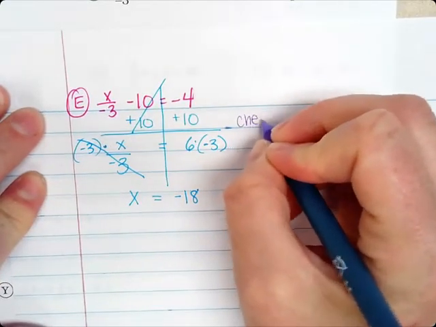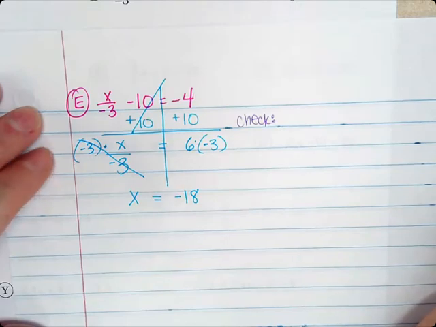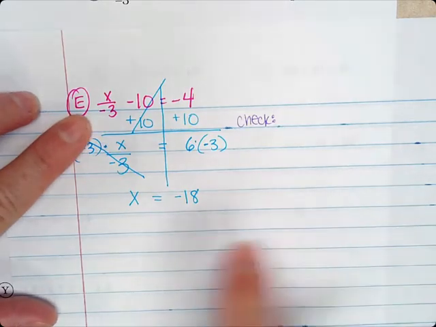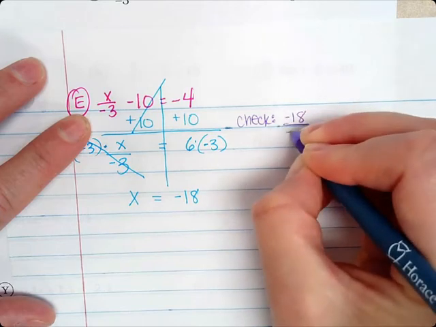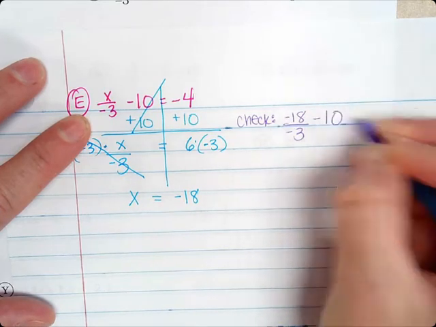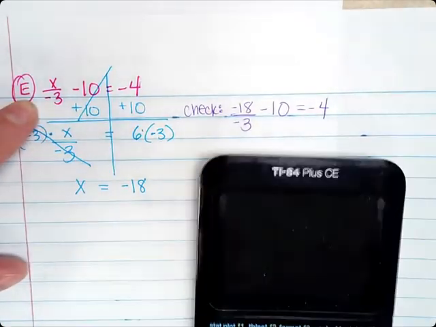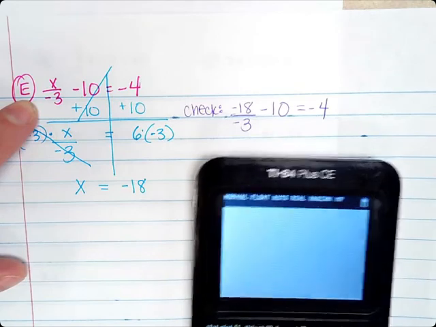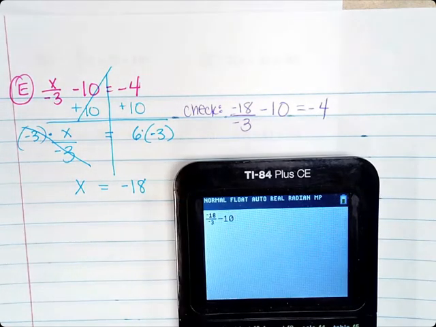You do need to show checking your work. So I'm going to rewrite the equation, but put a negative 18 in place of X. So I'm going to put that in the calculator, see if it truly does equal negative 4.